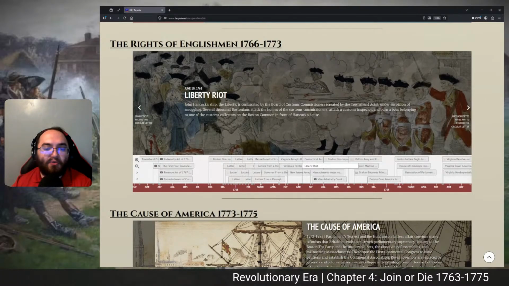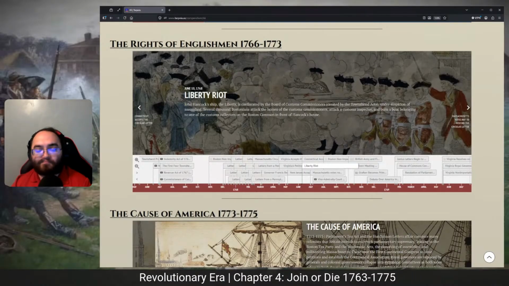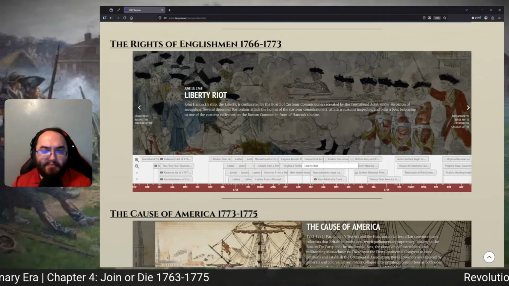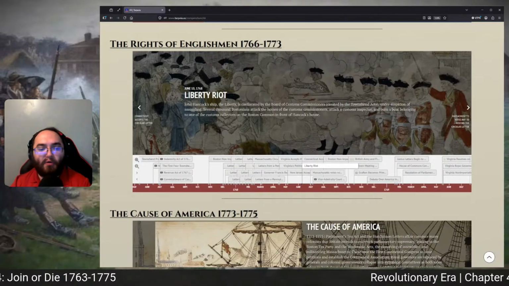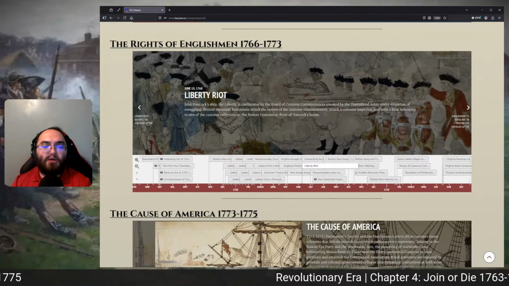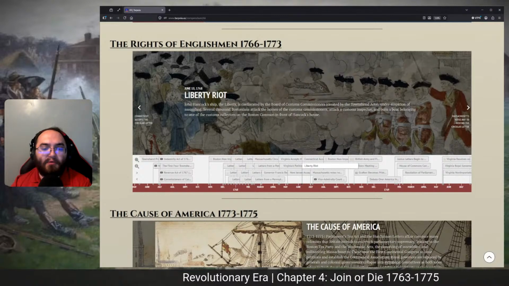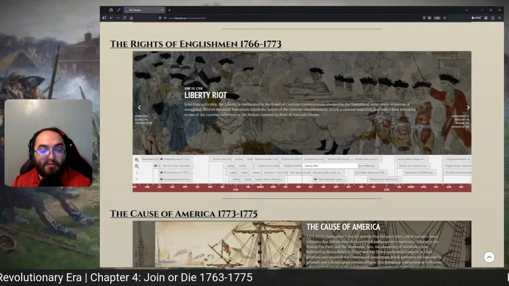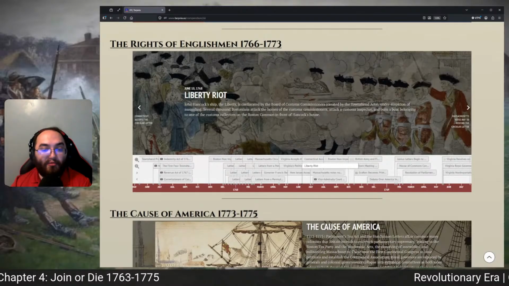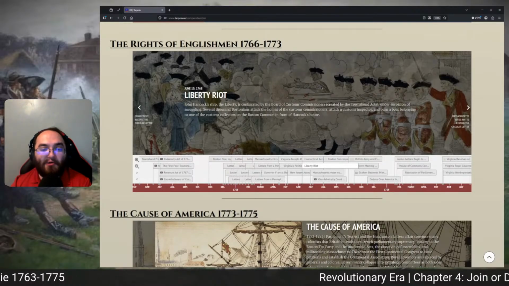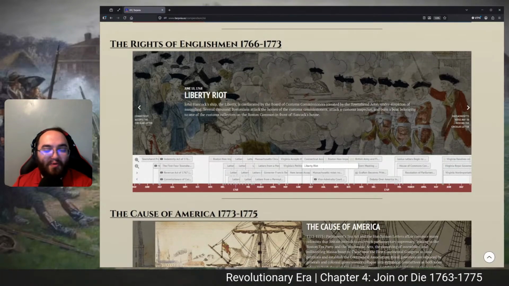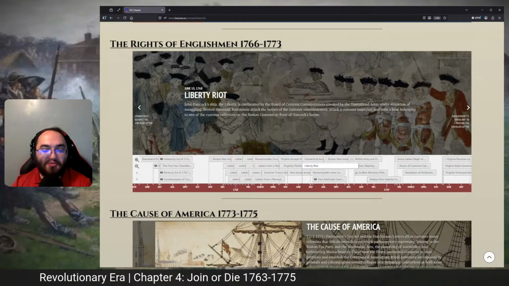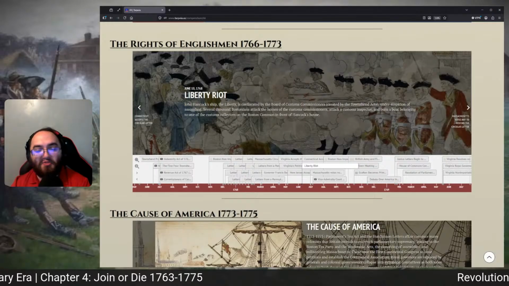Several thousand Bostonians attack the homes of the customs commissioners, attack the customs inspector, and burn a boat belonging to one of the customs collectors on the Boston Common in front of Hancock's house. And so this is yet another instance of burning things by the colonists, especially when it comes to the commissioners who are supposed to enforce these acts from Parliament.